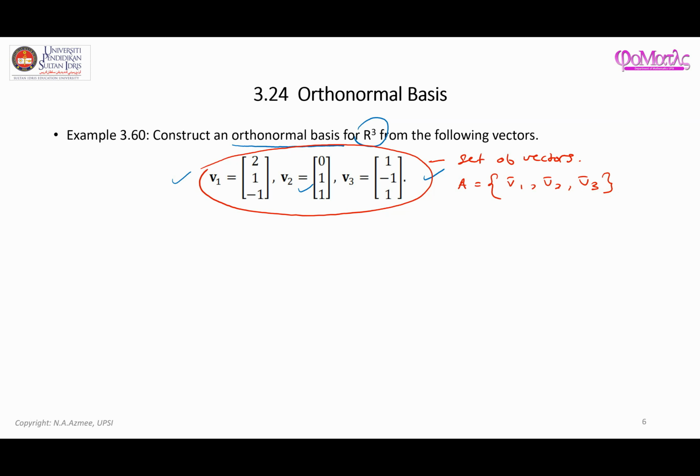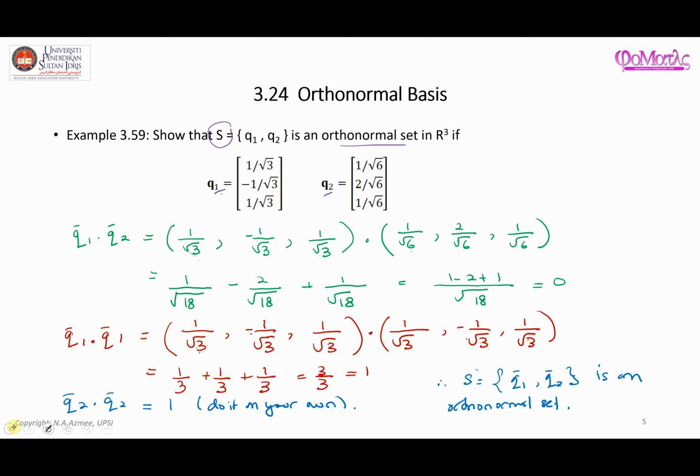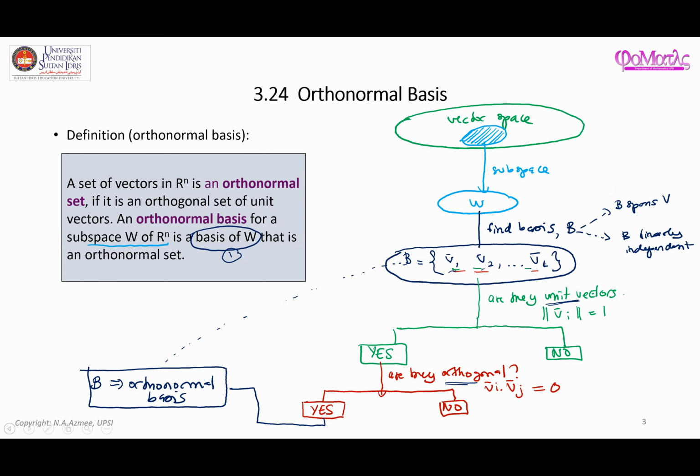I already have this particular set, but in order to be an orthonormal basis, in this question they give you a set, and we call it A. Before we can do anything else, we need to determine, is it a basis? In order to determine if it is a basis or not, you have to show all this.